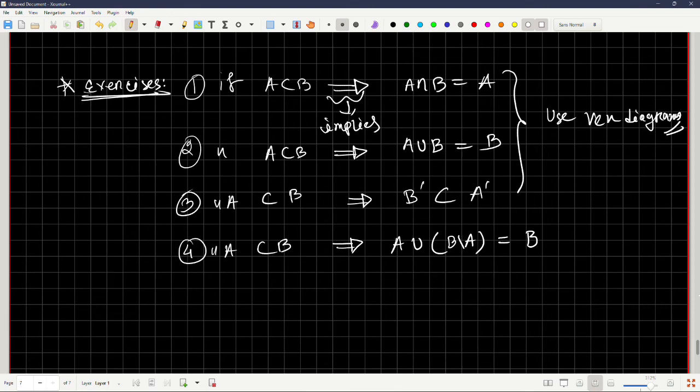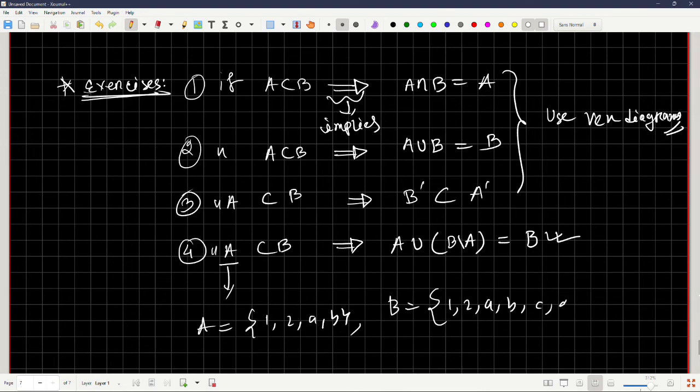That means check B, that's the right hand side. What you can do is take A to be some set, 1 2 a b, and this is a subset of B, right? So let's say B is 1 2 a b c d e, and you know now what B is, what A is, so I think you can do this.